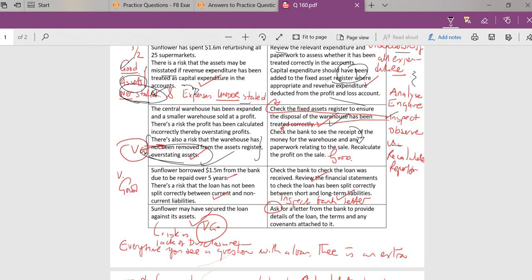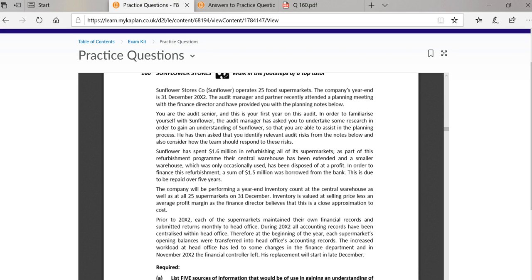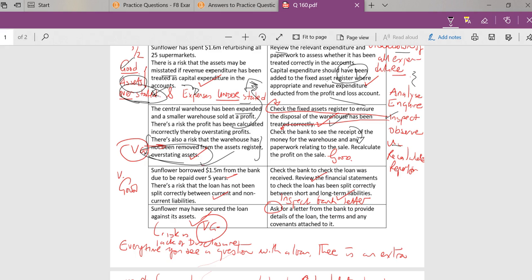Really this expansion had to do with the fact that we might have recognized, was it refurbishing or an expansion? Refurbishment has been extended and the smaller warehouse. Yes, so great. It's the same sort of argument, the same question. That first part over here really links with this. So we've answered that. Good.